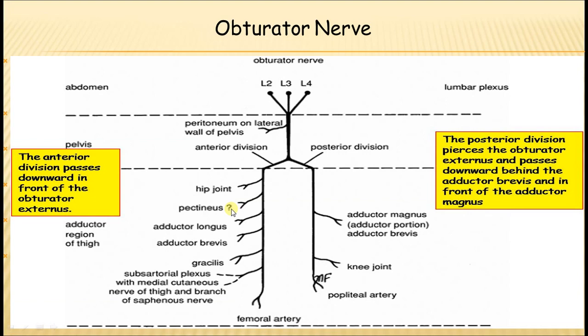Then cutaneous branches to the subsartorial plexus to the medial part of the thigh, and vascular twigs to the femoral artery. The posterior division supplies adductor magnus and obturator externus, then articular branches to the knee joint, and then vascular branches to the popliteal artery.